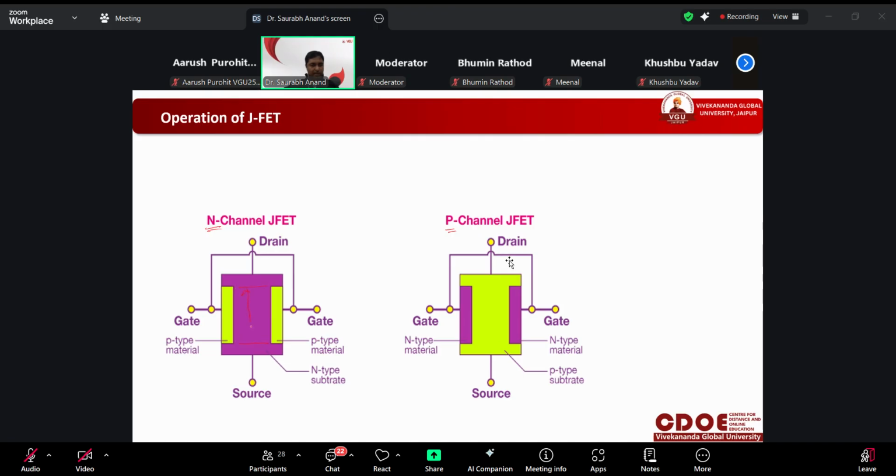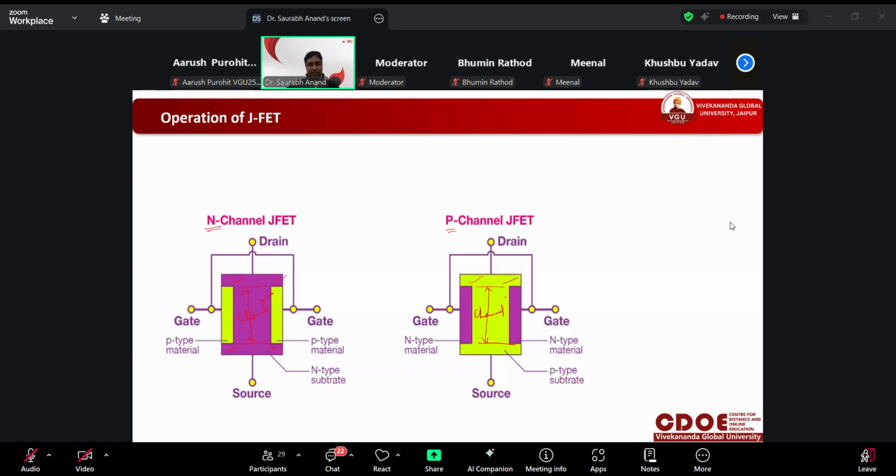This region is actually the channel. This is the channel. This is purple, this is also purple, all are purple.